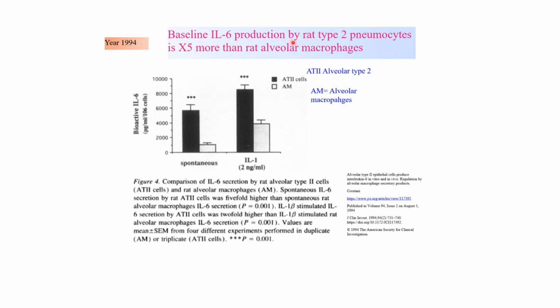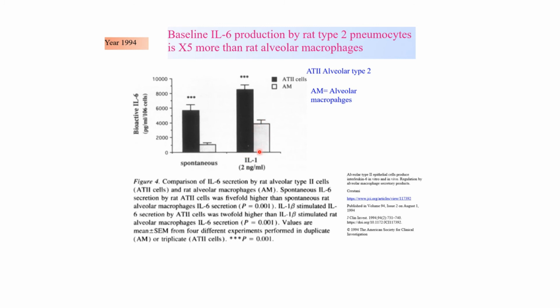Baseline IL-6 production by rat type 2 pneumocytes is 5 times more than rat alveolar macrophages. So the type 2 pneumocytes spontaneously produce a lot more interleukin 6 as compared to the macrophages in the lung. If you give them IL-1, pneumocytes produce even more interleukin.